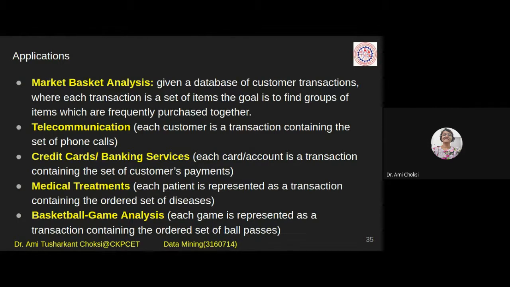Fine. Okay, so that we need to consider. So these are a few applications: telecommunication, credit cards or banking services, medical treatments, basketball game analysis, right? In all these applications and many more, we can use association rule mining, right? That's all for today.